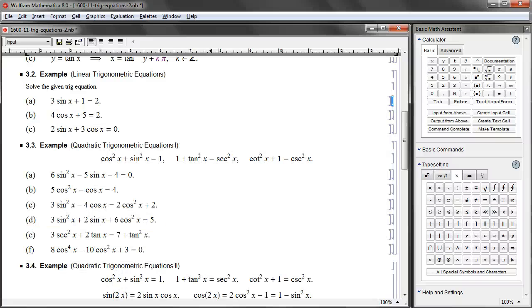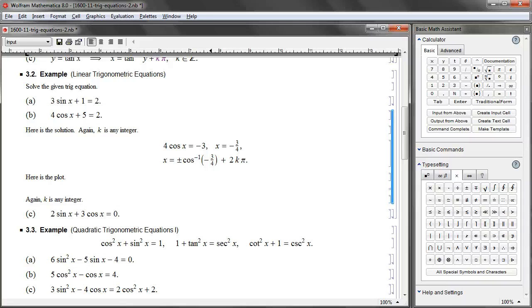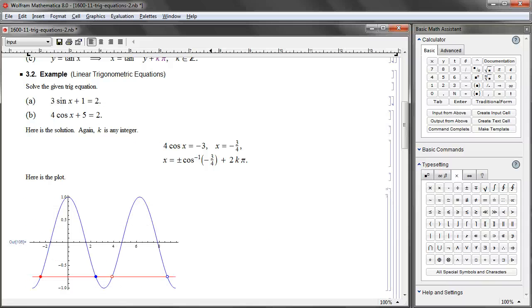How about for cosine? Well, the solution is pretty much straightforward. Move 5 away and then divide by 4, and then, oh wait a minute, cosine of x is negative 3/4, not x is negative 3/4, excuse me. Consequently, x is arc cosine of negative 3/4. But let's see, because cosine is an even function, you can actually drop out this negative... actually, what am I talking about? That doesn't drop out, excuse me, sorry about that.